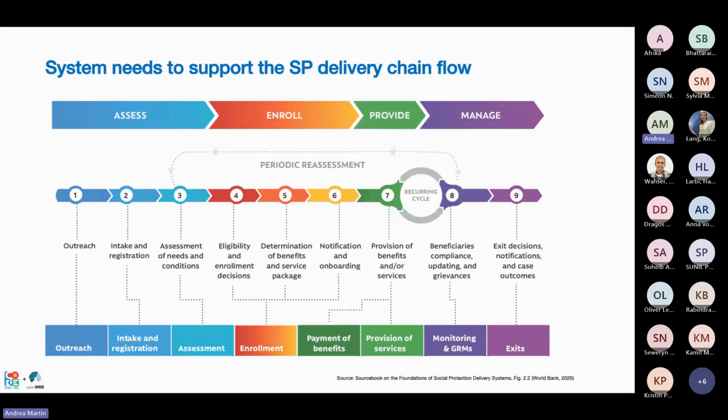There's a second step, which is intake and registration. It is basically to get a list of potential applicants that might be interested in the program. Different programs have different dynamics, so it's possible that it is demand driven. So people are told during the outreach that they should contact a certain phone number, or they should apply online, or that they need to wait for a visit at home.